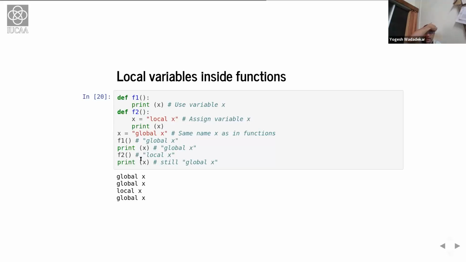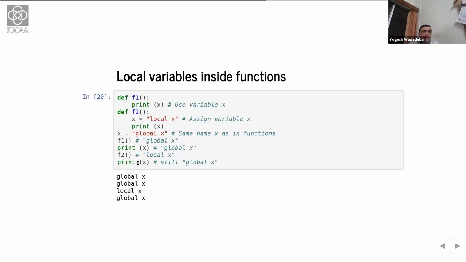Now, when I run the function f2, I call it. Remember, all functions have to be called with their name followed by parentheses, which may or may not contain any arguments. When I do that, it prints local x when I call f2. Because in f2, what has happened is within the function, x has been reassigned to local x. So it prints it as local x.